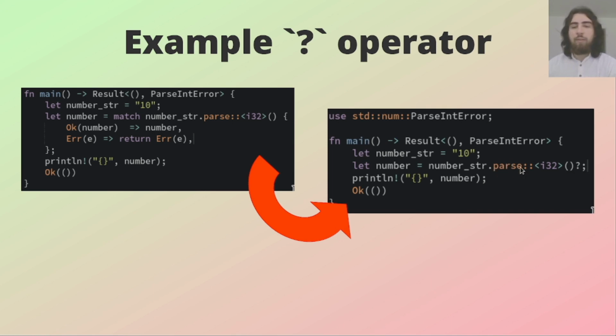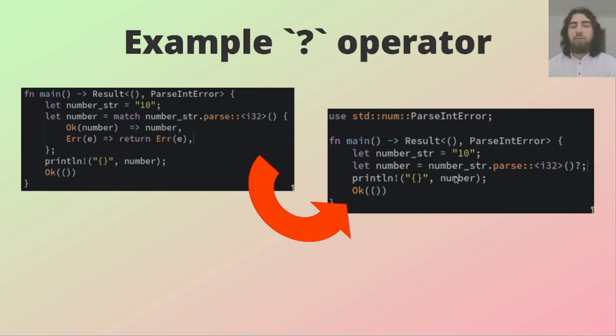In case this fails, then it will return a parseInt error as defined in the parse method. Okay, so this over here is exactly the same like we did over here. And when this returns an error, the following lines won't be executed. In case this succeeds, then we have number which holds 10 of type i32.